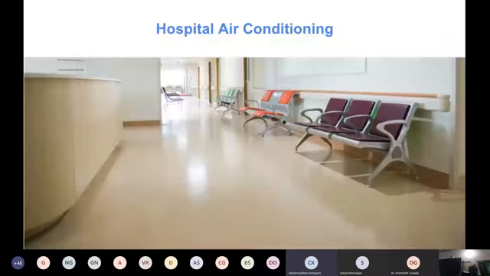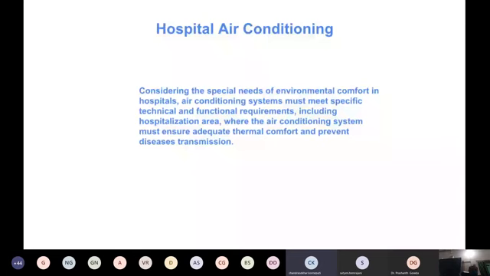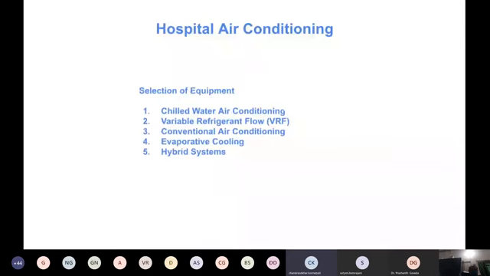Then I'll come to the hospital air conditioning, the complete HVAC systems, where various methodologies are taken up depending on the size of the hospital and the air conditioning requirement. We have chilled water air conditioning systems. We have variable refrigerant flow, which is again energy saving. The regular conventional air conditioning system is what we adopt. We have split air conditioners.